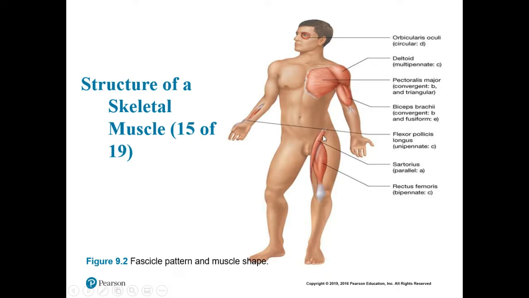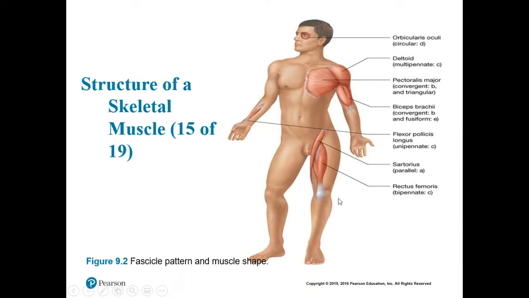So the sartorius here originates on the iliac crest, and then it inserts onto the tibia, the lateral end of the tibia over here. What that does is allow you to rotate the leg outwards in that direction.